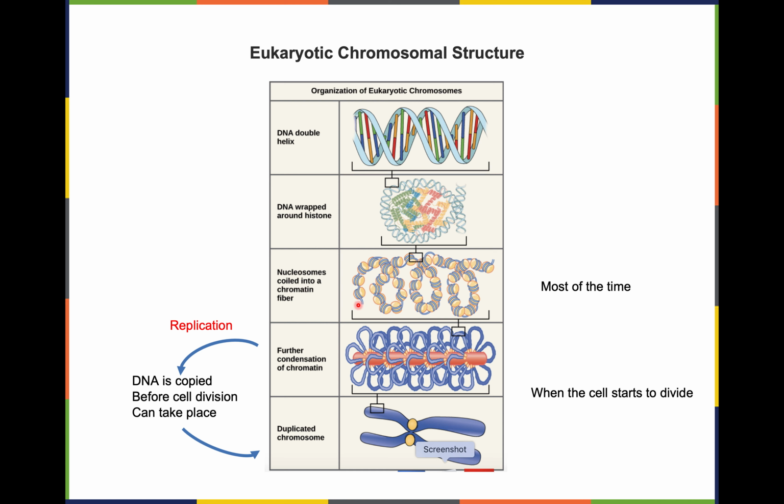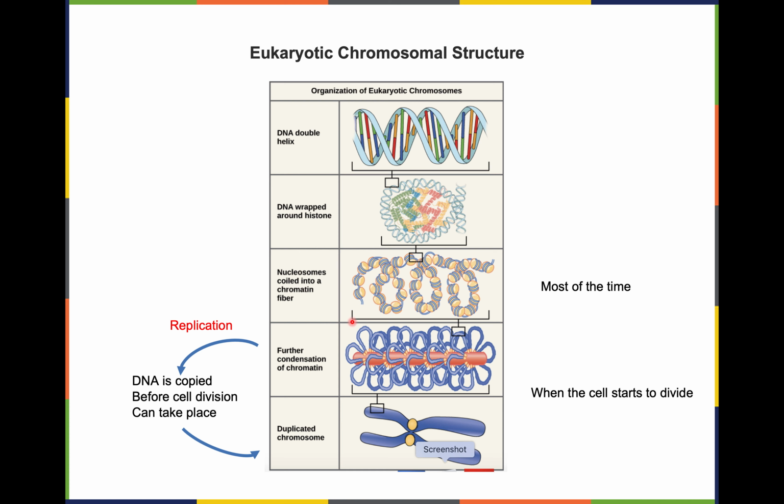So the eukaryotic chromosome looks like a string of hamburgers, and this is basically DNA wrapping itself around these histone molecules. Most of the lifetime of a cell, the chromosome is in this stringy type of format, which is quite loose. It's like a big piece of yarn, and it's spread all over the nucleus.